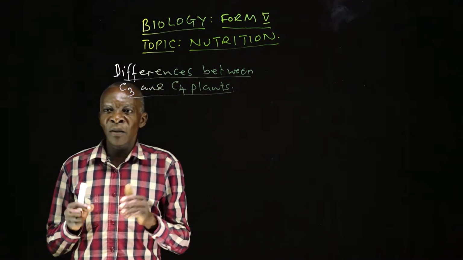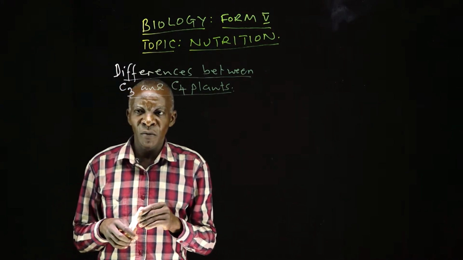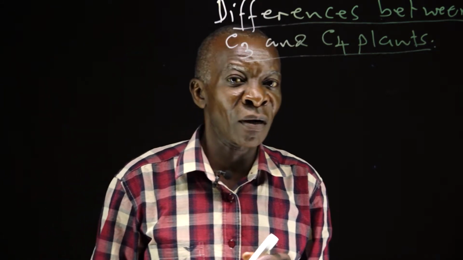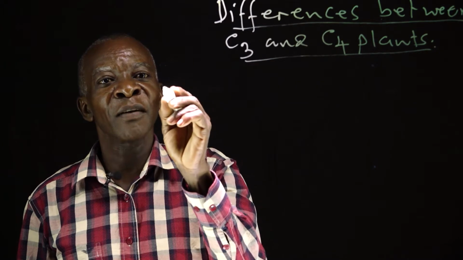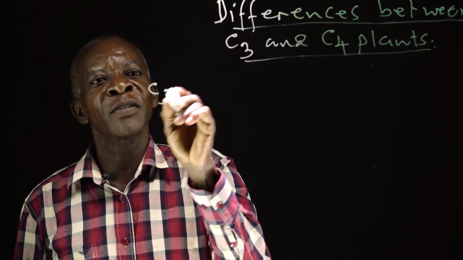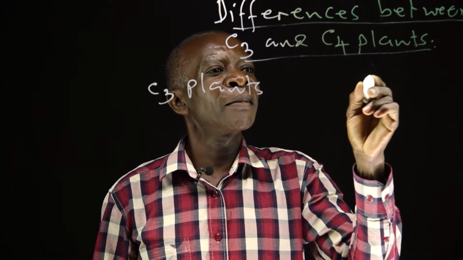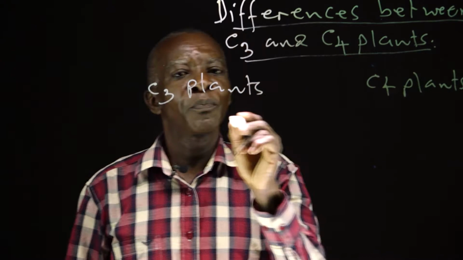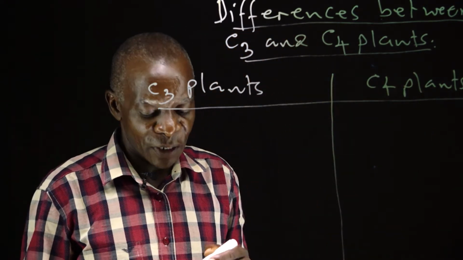Now, what are the structural, physiological, as well as behavioral differences of the two types of plants? Let us have the C3 plants on one side and the C4 plants on the other side.